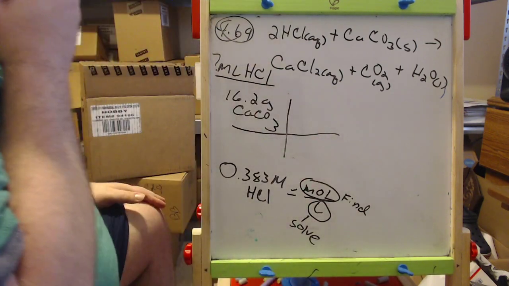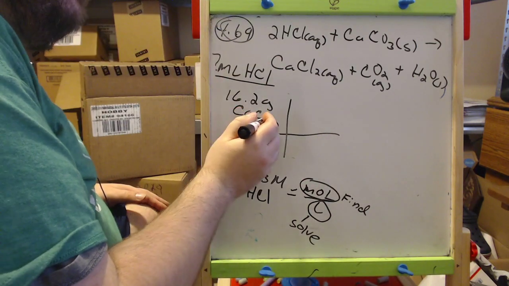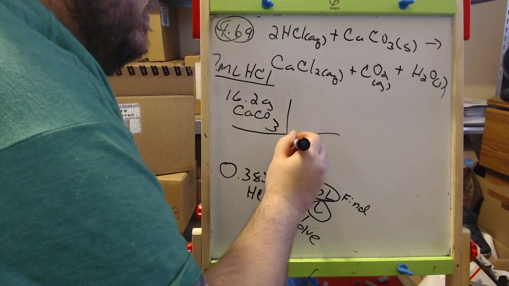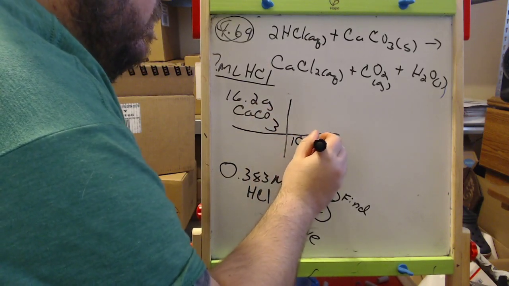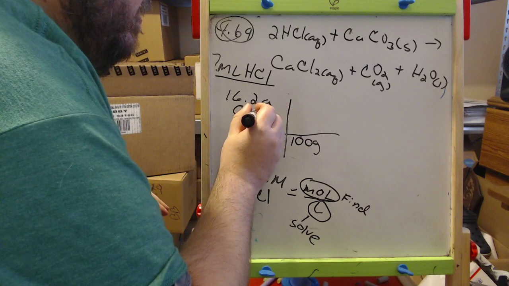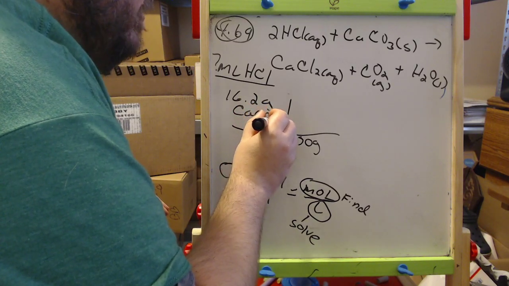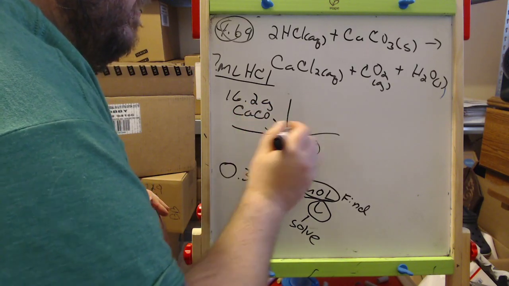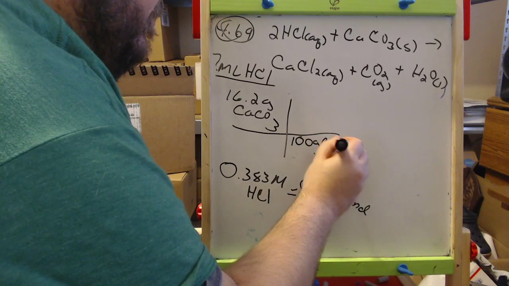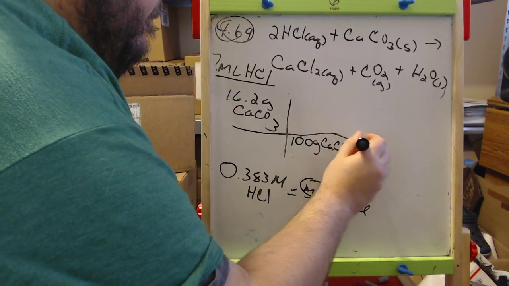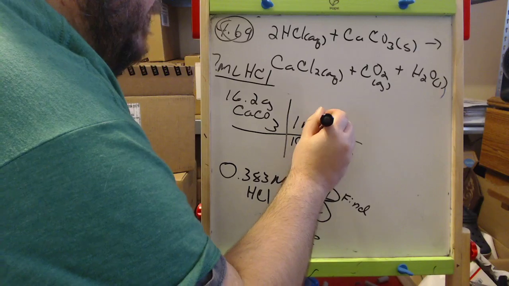All right, calcium carbonate's mass, 40 plus 48 plus 12 is 100 grams. Calcium's 40, carbon's 12, oxygen 16 times 3 for 48. 100 grams of calcium carbonate is equivalent to 1 mole of calcium carbonate.